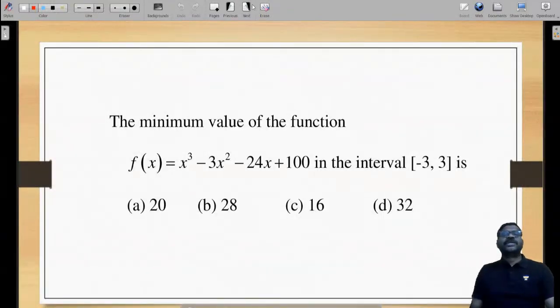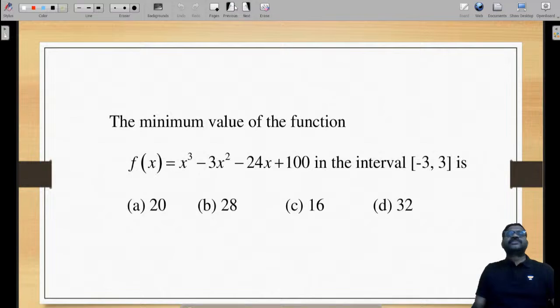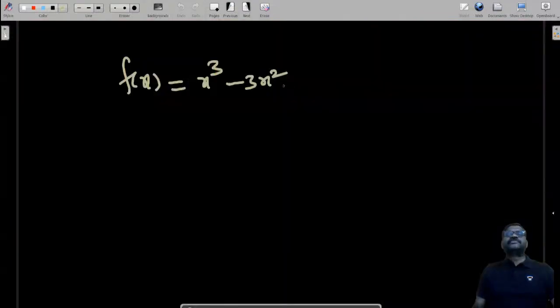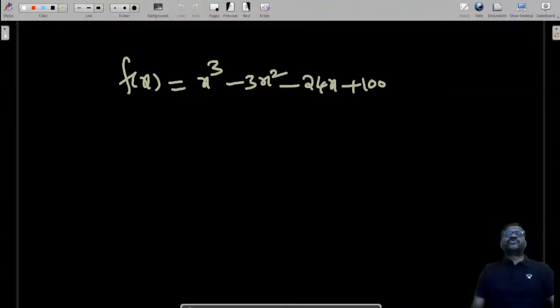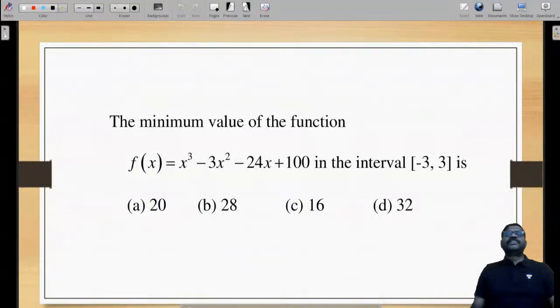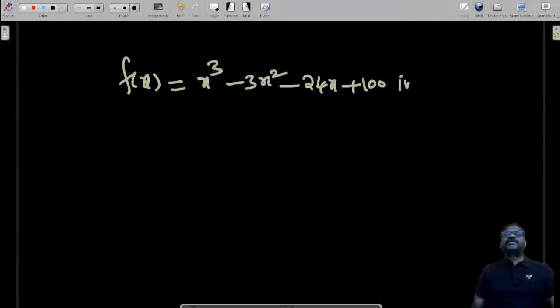Next problem. The minimum value of the function x cube minus 3x square minus 24x plus 100 in the interval minus 3 comma 3.